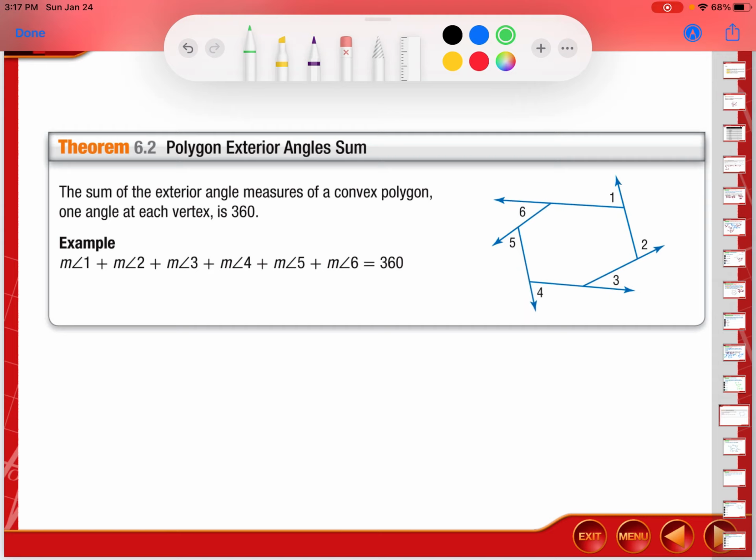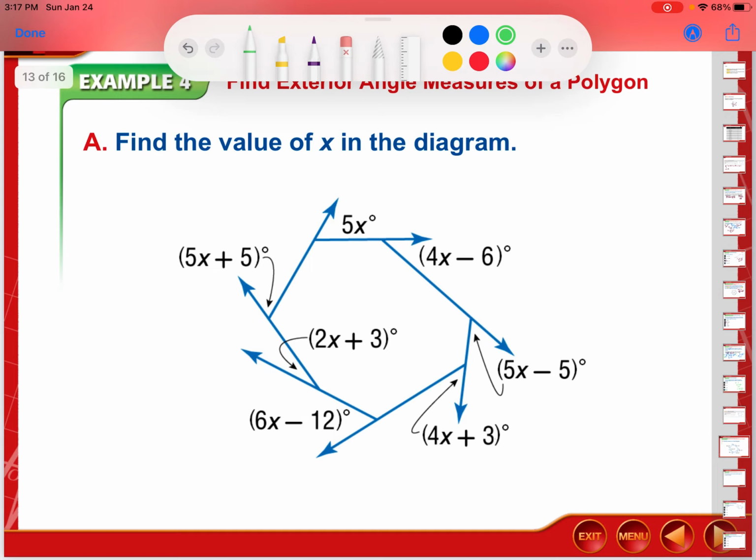Every single time. Doesn't matter if it's a 3-sided figure or a 30-sided figure or a 300-sided figure. It's always going to equal 360.